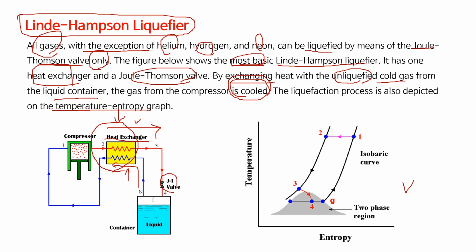I see the process of liquefaction. By compression, the gas is pressurized 1 to 2. So this curve is an isobaric curve.